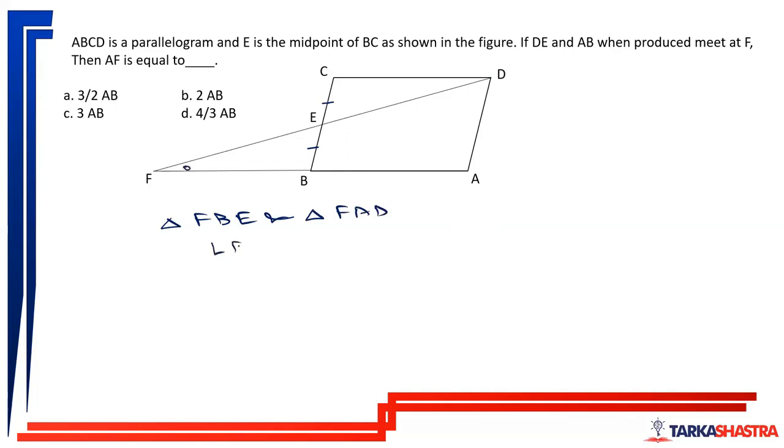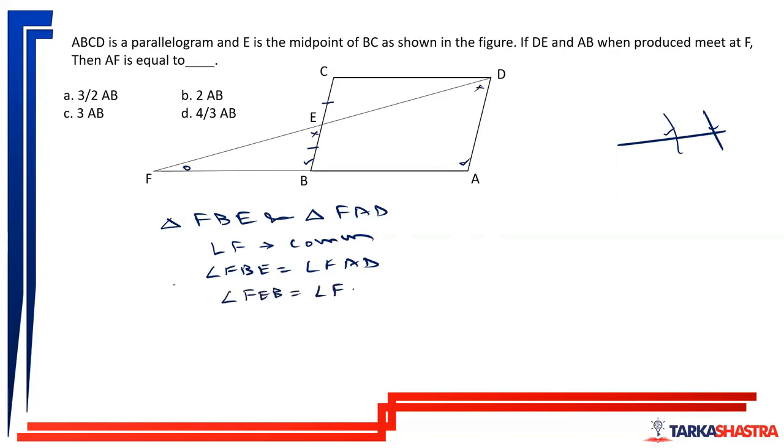Angle F is common. Angle FBE is equal to angle FAD. Yes or no? These two will be equal. Why? Because these are corresponding angles. These two are parallel lines and these are corresponding angles. Similarly, angle FEB will be equal to angle FDA.